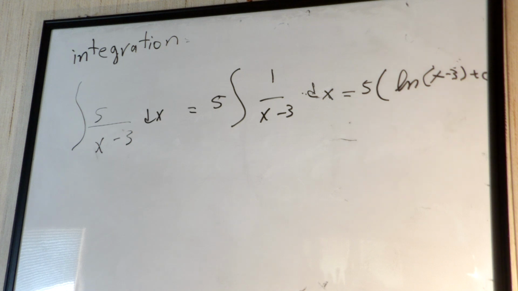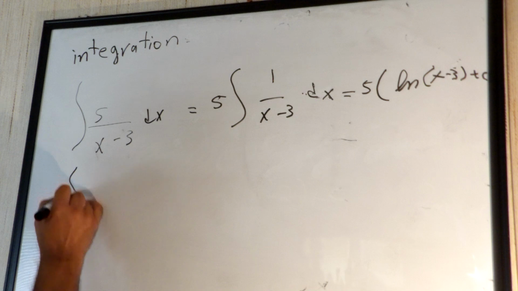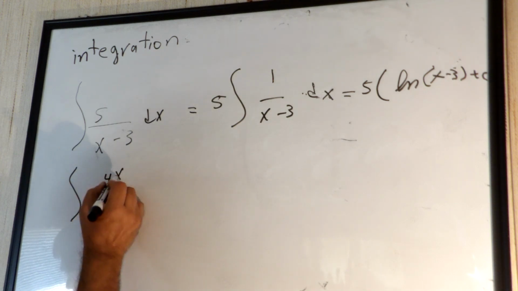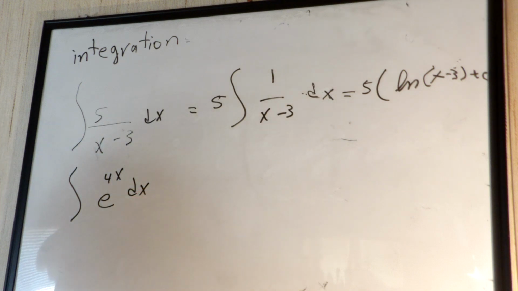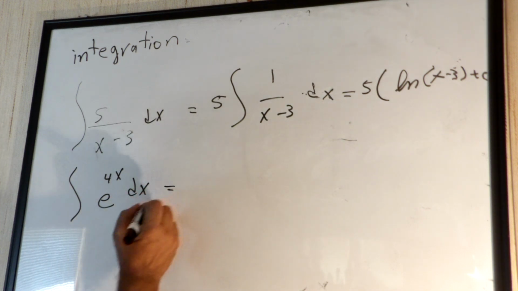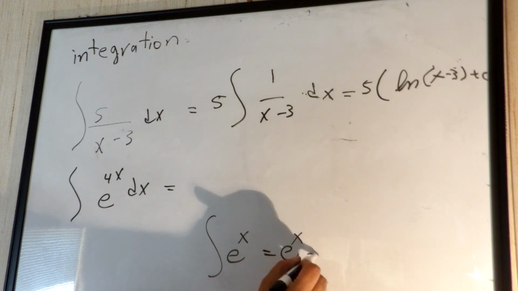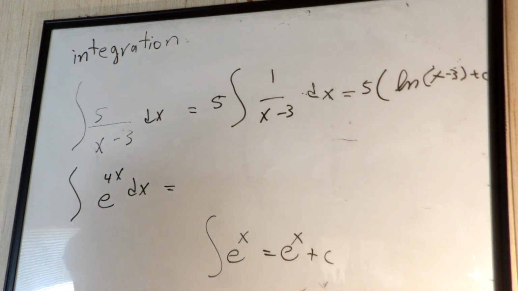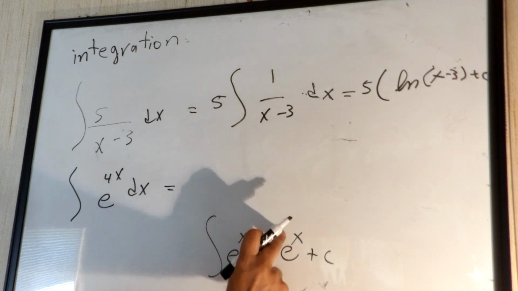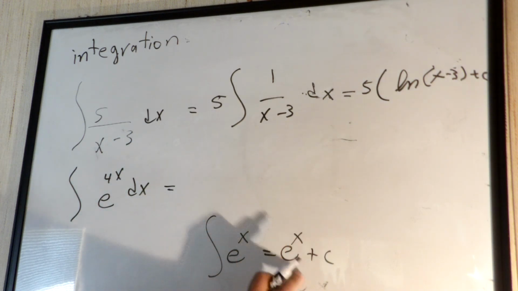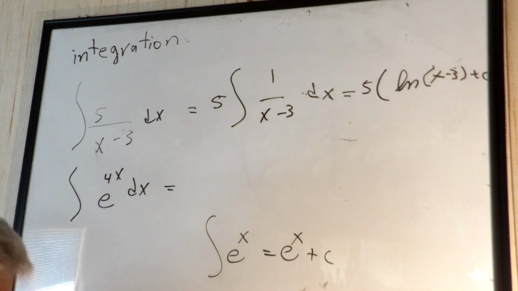How about if you have something like this, e to the power of 4x dx? The integration of e to the power of x is going to be e to the power of x, because the coefficient of x is 1, which goes at the bottom; you don't write it, but it's there.